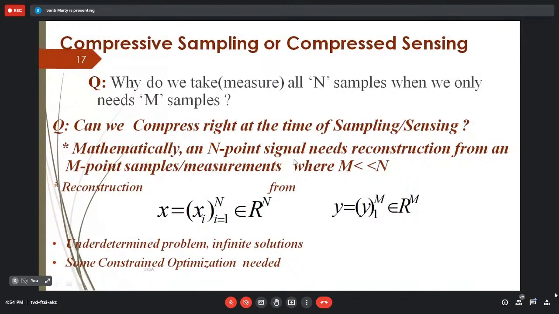Mathematically, let us forget about the signal processing aspects. You can think of it that way. You have n-point data x1, x2, x3, ..., xn, but you need some compact representation in order to achieve benefits for your IoT sensing devices in terms of storage, communication, processing, delay, and all this.